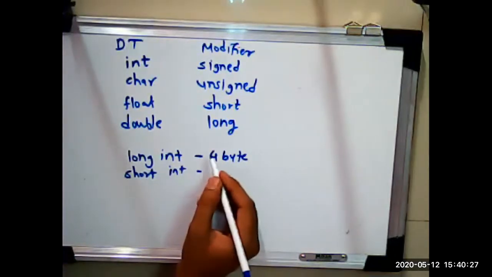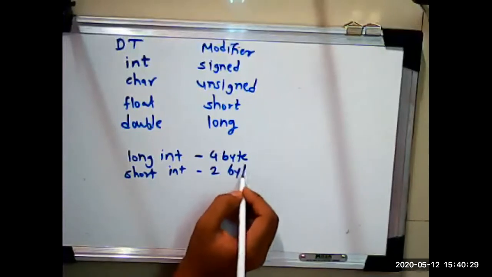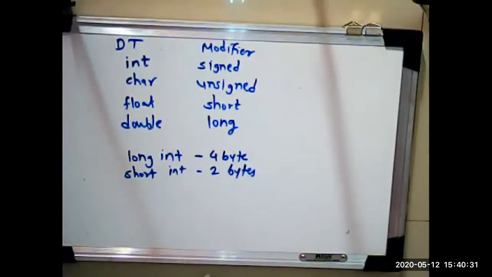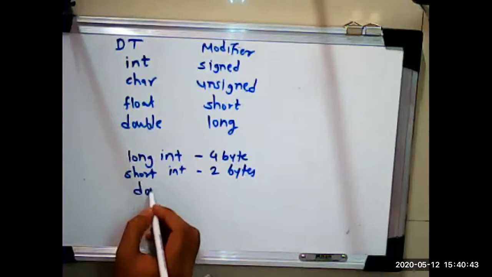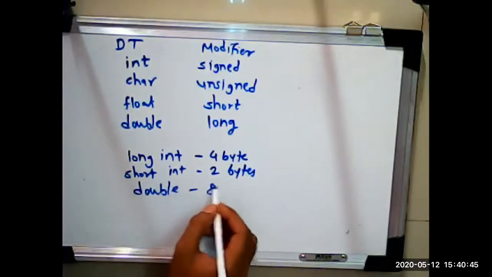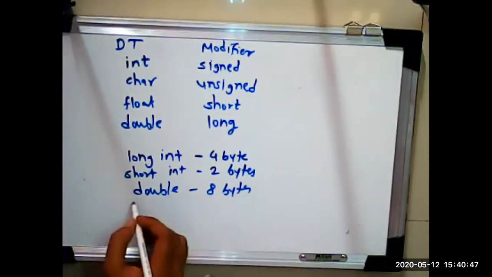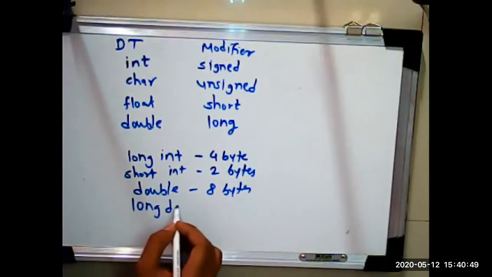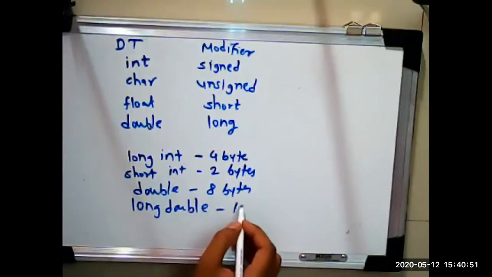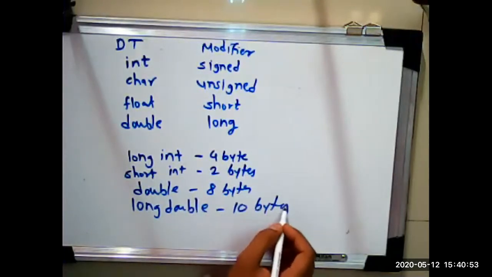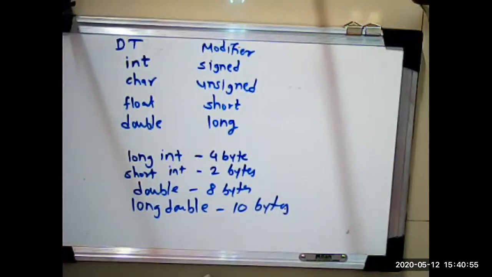If you give short int, the size is always 2 bytes, in both 32-bit and 16-bit compilers. The double has the size of 8 bytes, and the long double has the size of 10 bytes. Just remember this one.